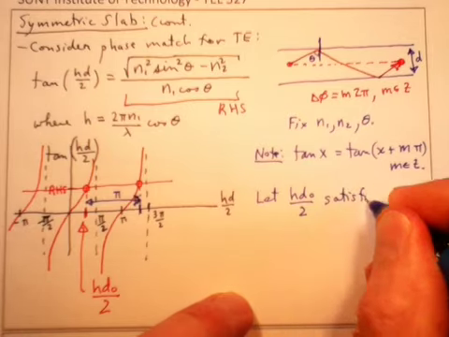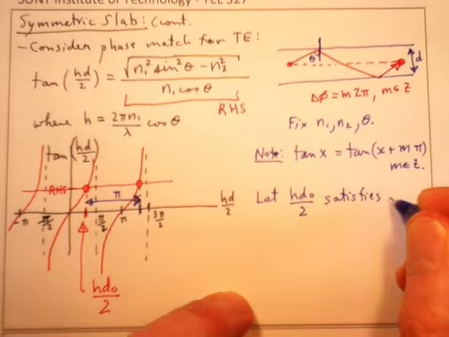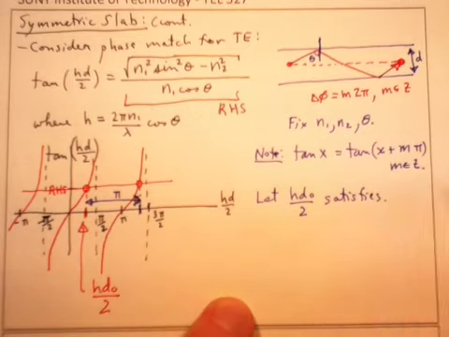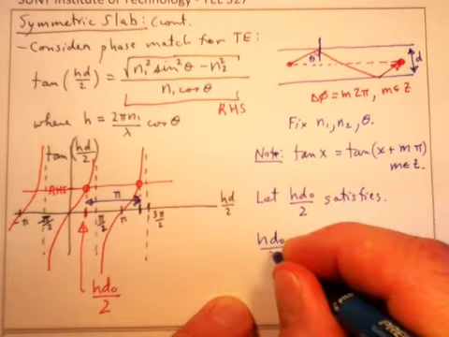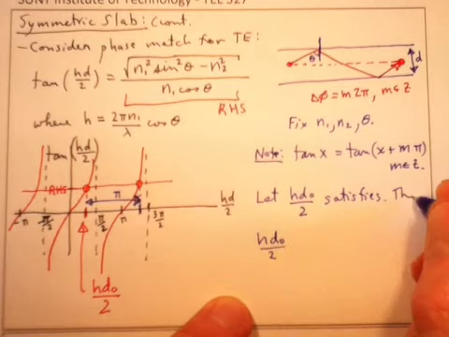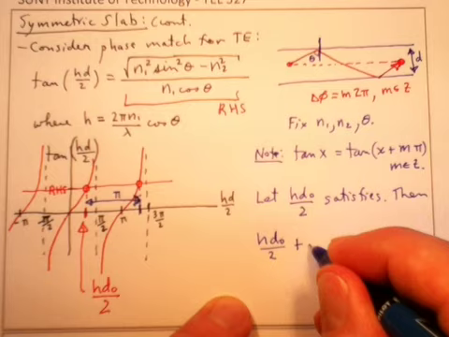Then hd naught over 2 plus k pi also satisfies.